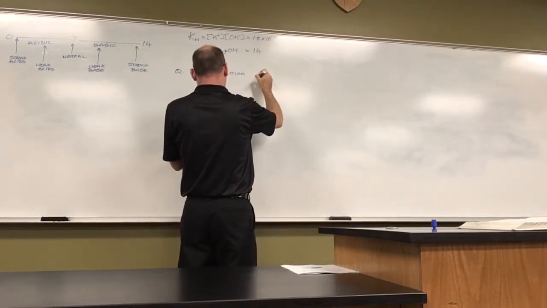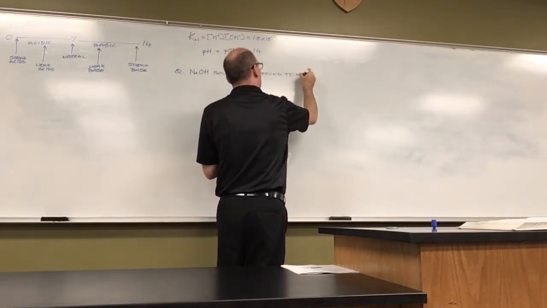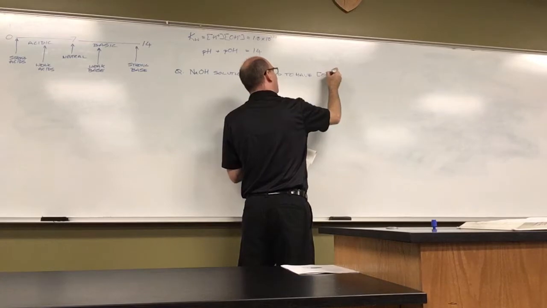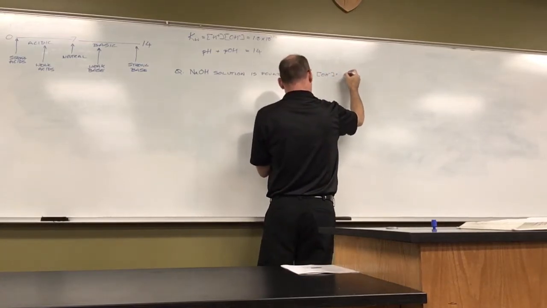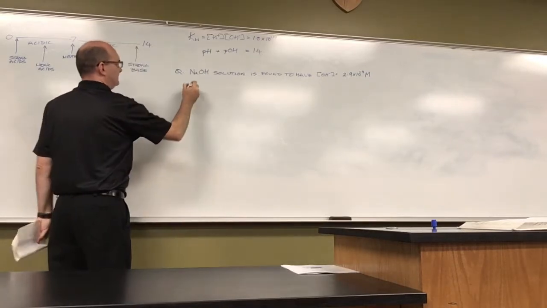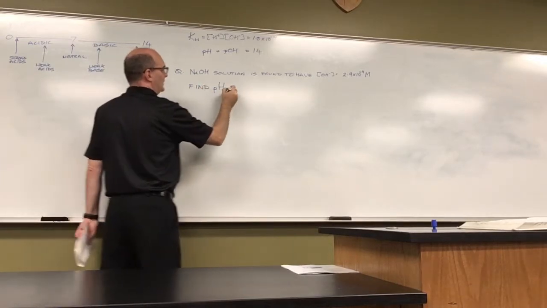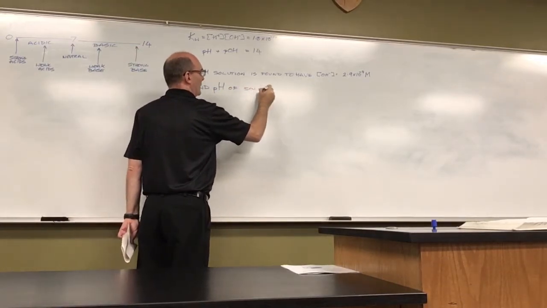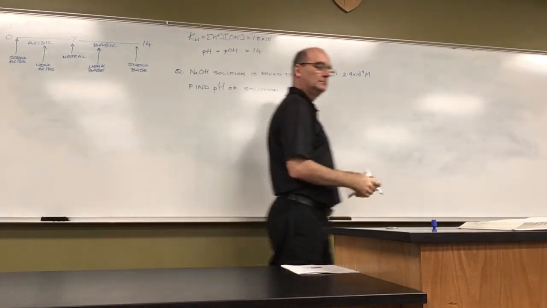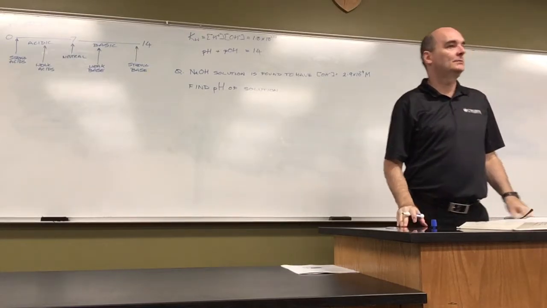A sodium hydroxide solution is found to have a hydroxide concentration that is equal to 2.9 times 10 to the negative 4 moles per liter. Find the pH of the solution. Okay? We can do this 2 ways.